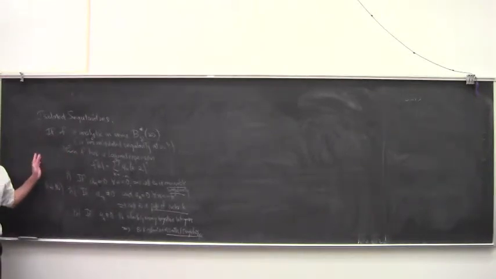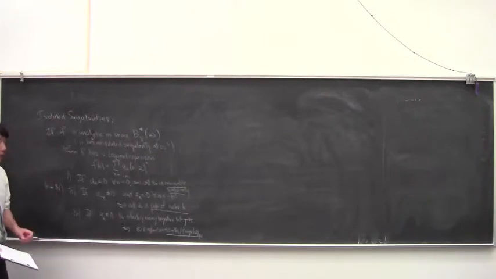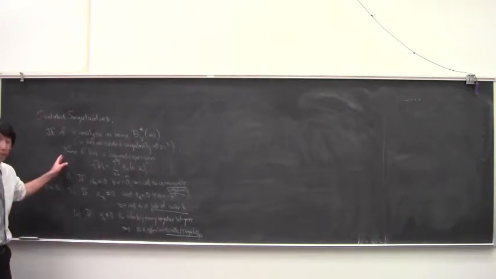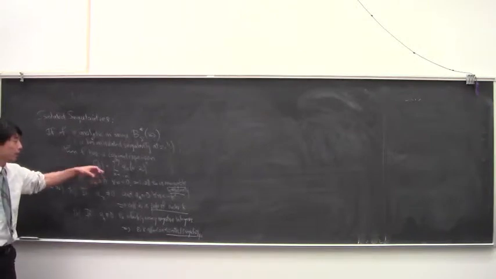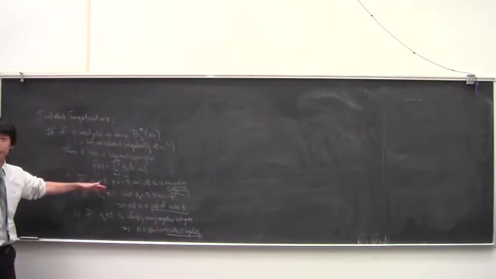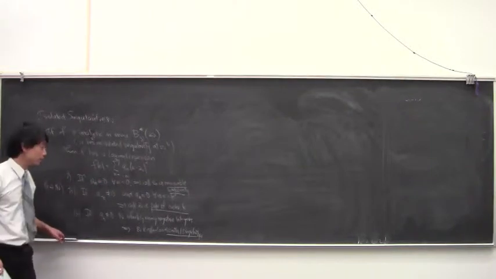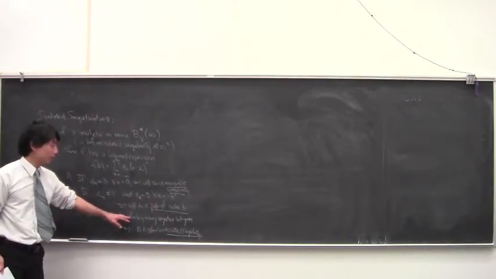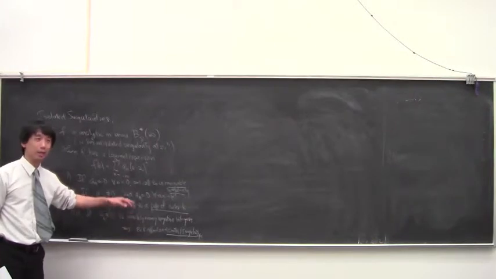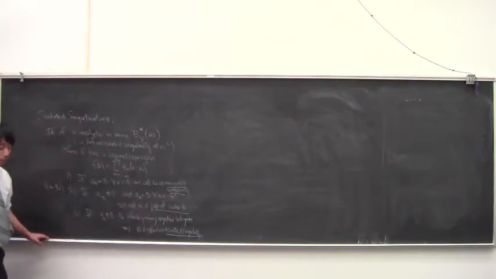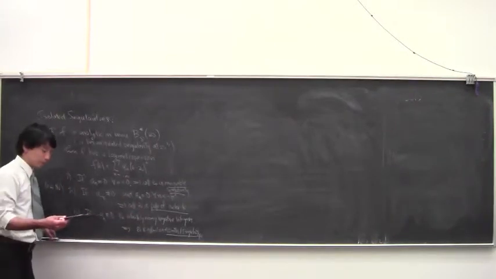So there are three kinds of singularities, and today we'll be talking about each kind in turn, and the behavior of the function. It turns out that the behavior near these types of singularities is quite different. In particular, the behavior near an essential singularity and the behavior near a pole is radically different.